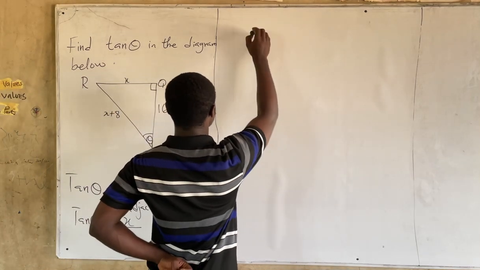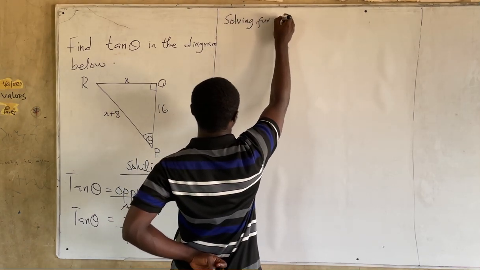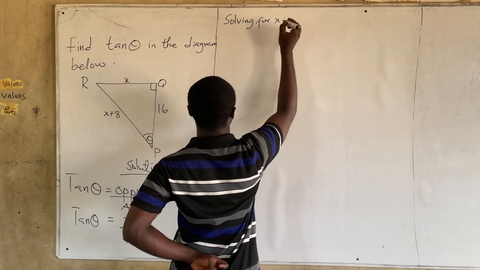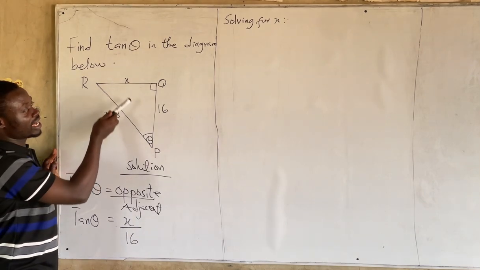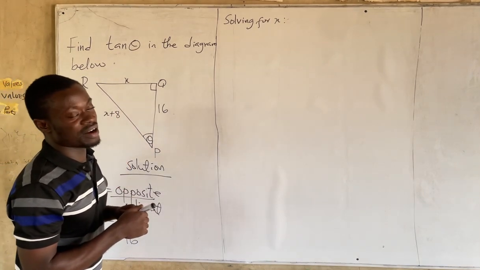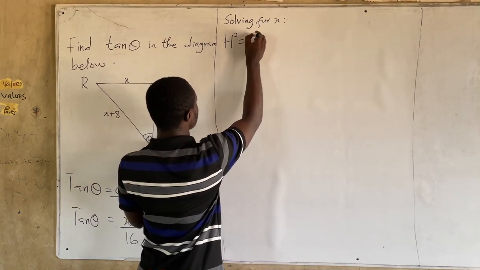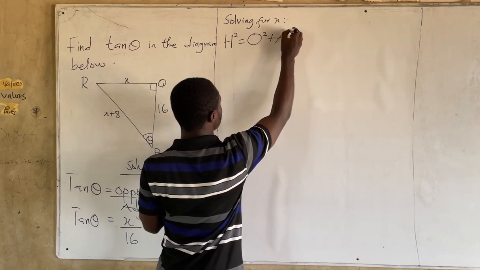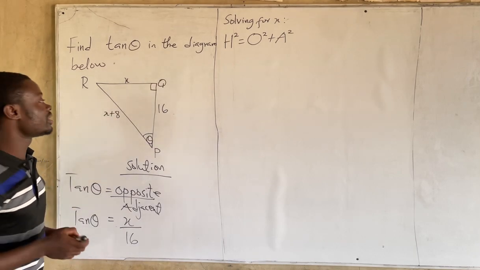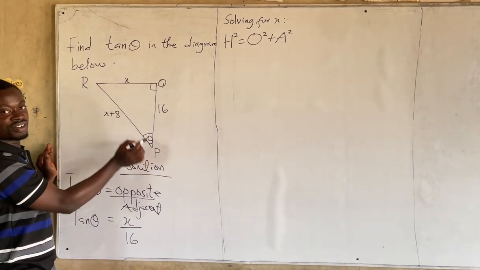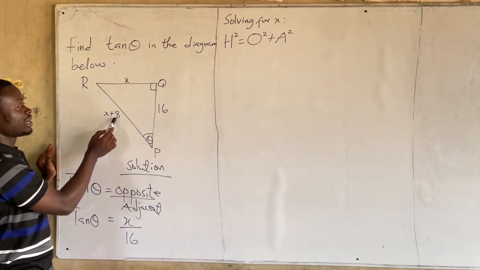So let's solve for x. We can use Pythagoras theorem to find the value of x in this diagram. From Pythagoras theorem, hypotenuse squared equals opposite squared plus adjacent squared. Let's substitute the information into this formula. The hypotenuse is the longest side of a triangle, that is line RP or PR, which is x plus 8.